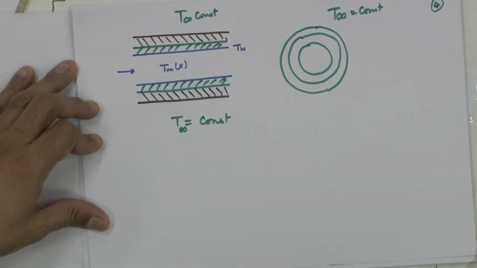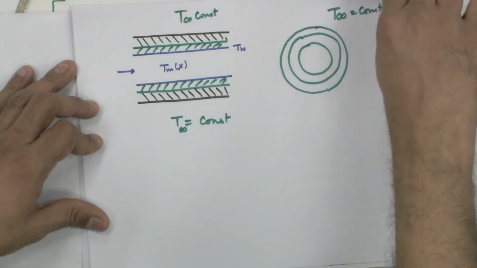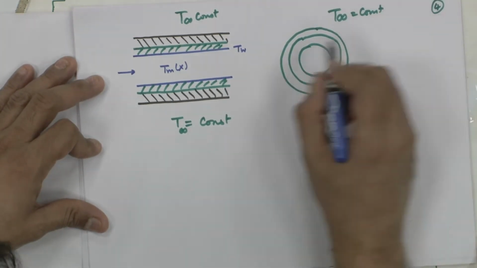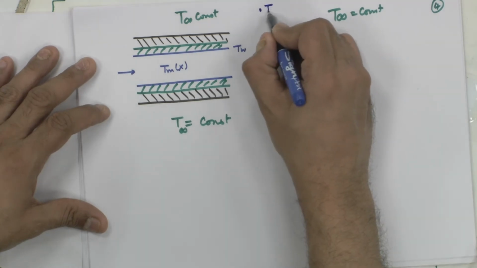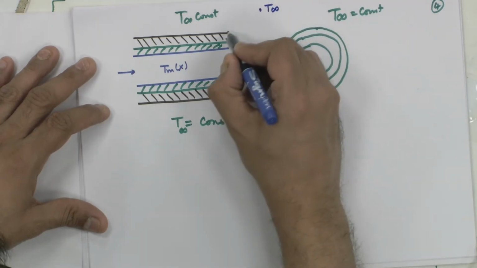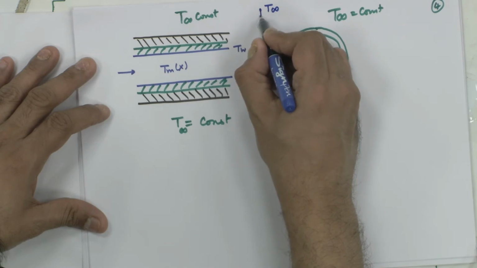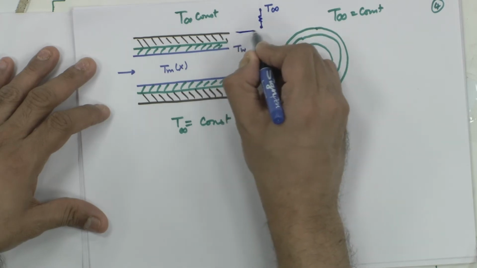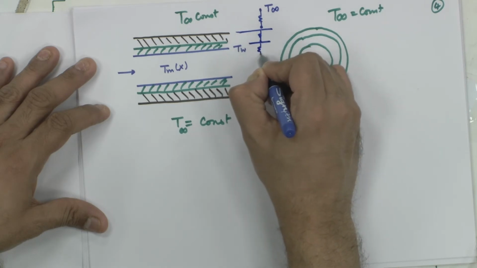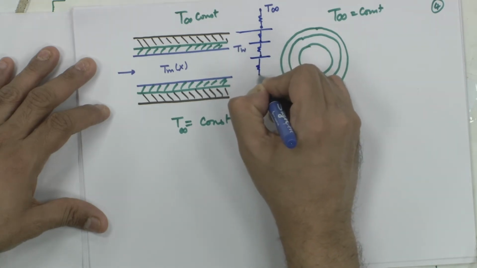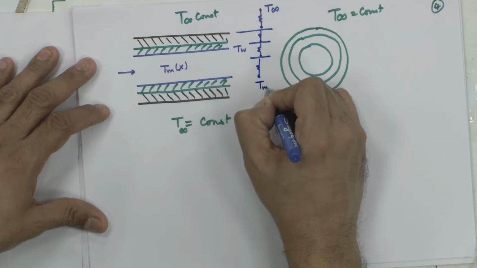Okay. So, if I were to do that, I will say here the resistance network would be T infinity, there is convection to this solid surface, then there is conduction here, another conduction, and then another convection. This is T mean local.